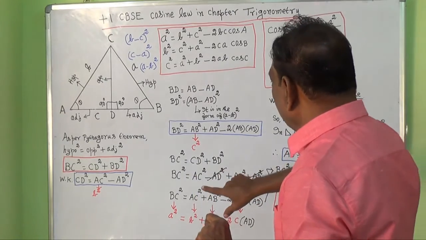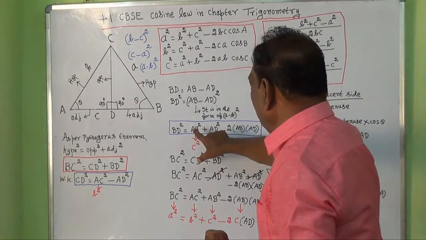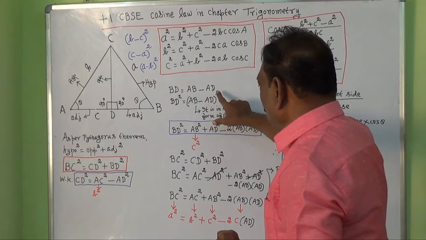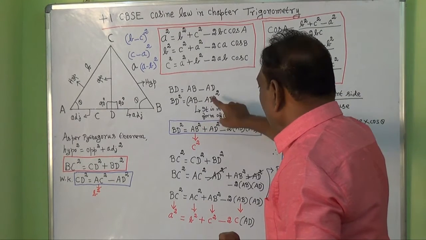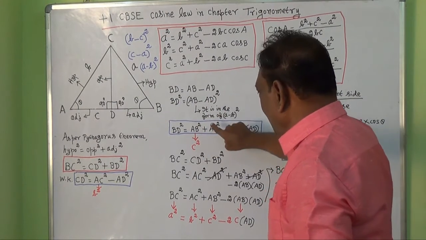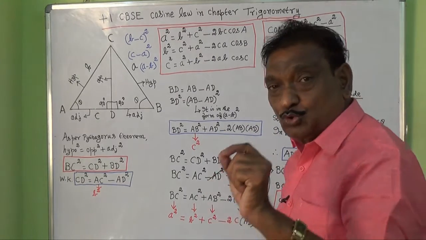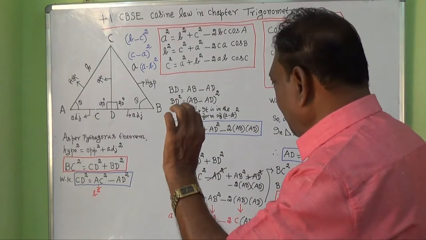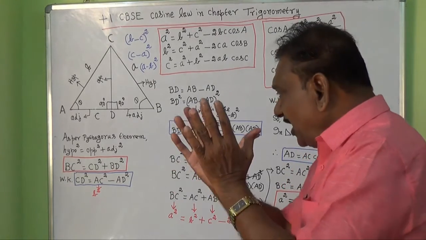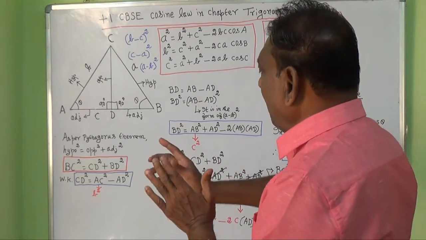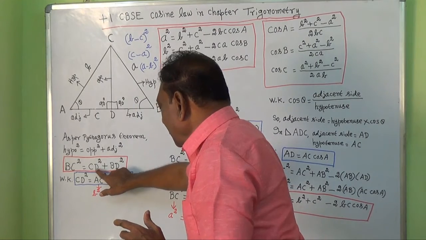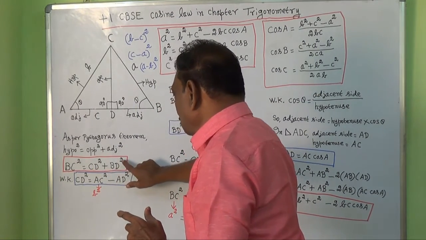So here we are writing AB minus AD the whole square as AB square plus AD square minus 2 AB into AD.